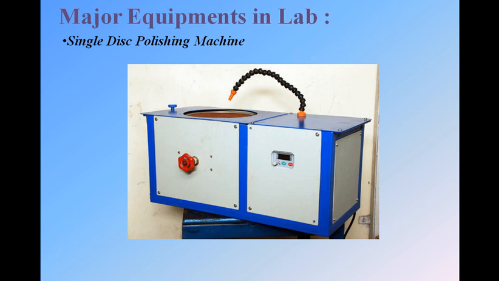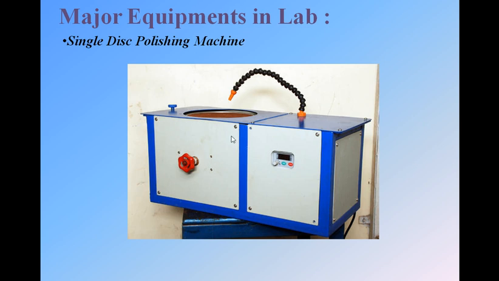That given specimen can be well polished with the help of four types of polish papers, and after polishing with the polish papers we can go for this single disc polishing machine. You can see here, this is a disc. On this we can rub the given sample and get a good surface finish, and that surface finish will be so good that we can see the microstructure from it.